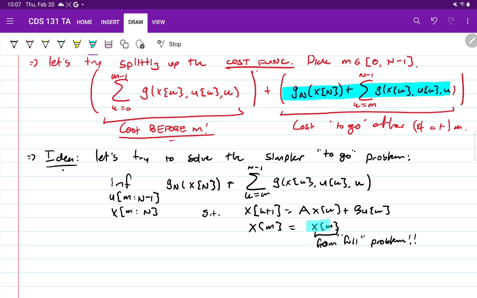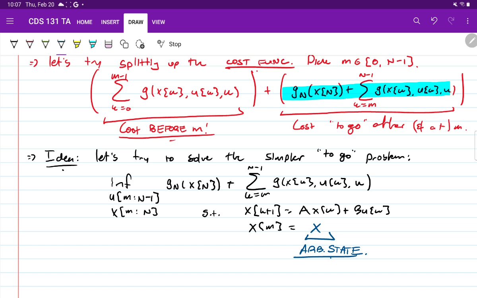Like, how do I actually pick this m over here? So one insight is, instead of solving this optimal to-go problem for just one given state x of m, we could try to solve it over the entire state space, okay? So I'm going to say, let's try to solve this for an arbitrary state x, okay? So this is now an arbitrary state.